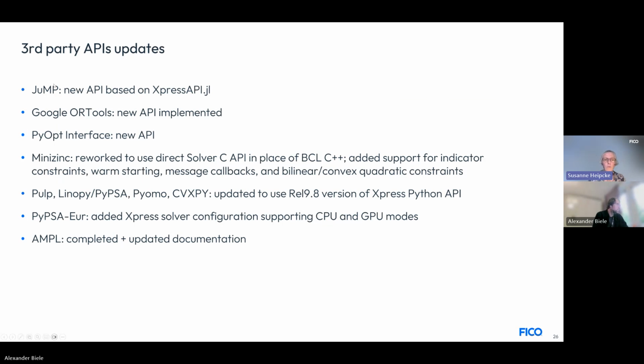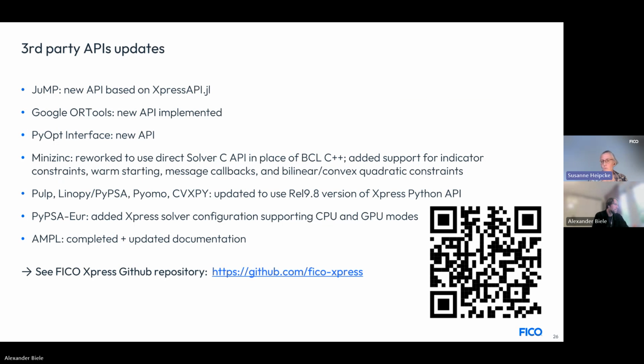Now we also have JuMP. We have implemented a new OR-Tools interface for Xpress. There is a PyOpt interface, which is Python, but it is based on C++. And then there's a host of other Python interfaces that are based on the Python API. And for AMPL, for the Xpress connector there, we have completed and helped updating the documentation.